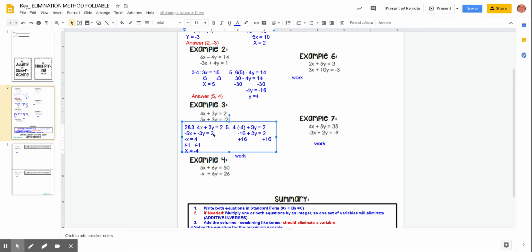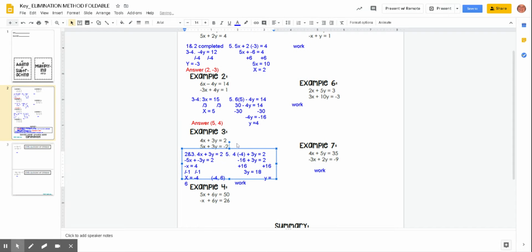I'm going to wind up with 3y equals 18. And if I divide both sides by 3, I get y equals positive 6. So I have x equals negative 4 and y equals positive 6.